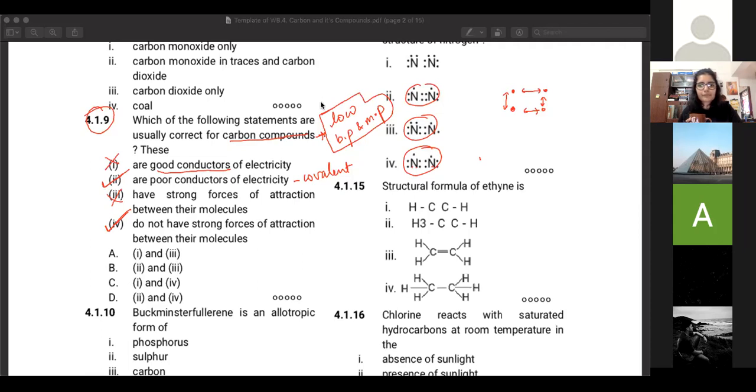Miss, just one doubt. They are told to be poor conductors usually, right? And among carbon compounds, only one, graphite, is a good conductor. No, that is in the case of pure carbon. For carbon compounds, anything that forms an ion will be a good conductor.